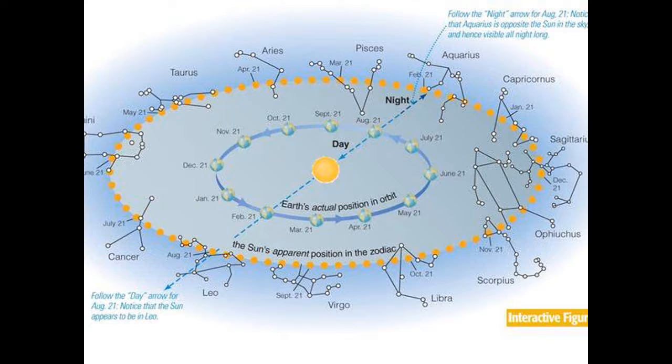Now it would be difficult because when the sun's out you can't see the constellations, but let's say you're above the atmosphere, you can see the constellation that the sun is in, and you would see that let's say the sun is in the constellation Cancer. Okay, but let's go out a month later and look at what constellation the sun is in then, and it turns out that the constellation that it's in is Leo. Okay, and then let's go out a month later and it turns out that it's in a different constellation. So the sun appears to move throughout the sky on the celestial sphere.